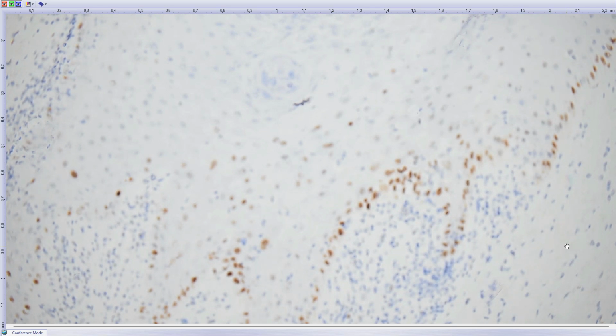I didn't find lichen sclerosus in this case, but we did P16. And what we found was very interesting.